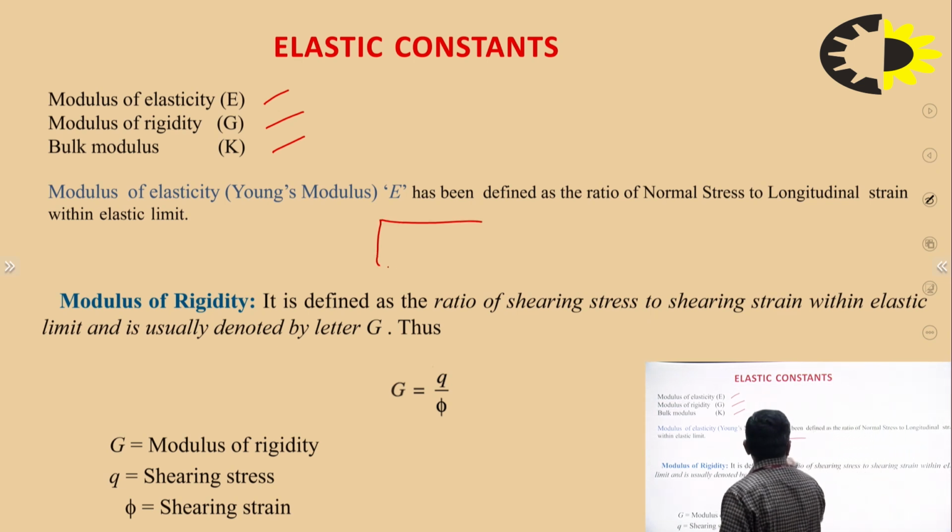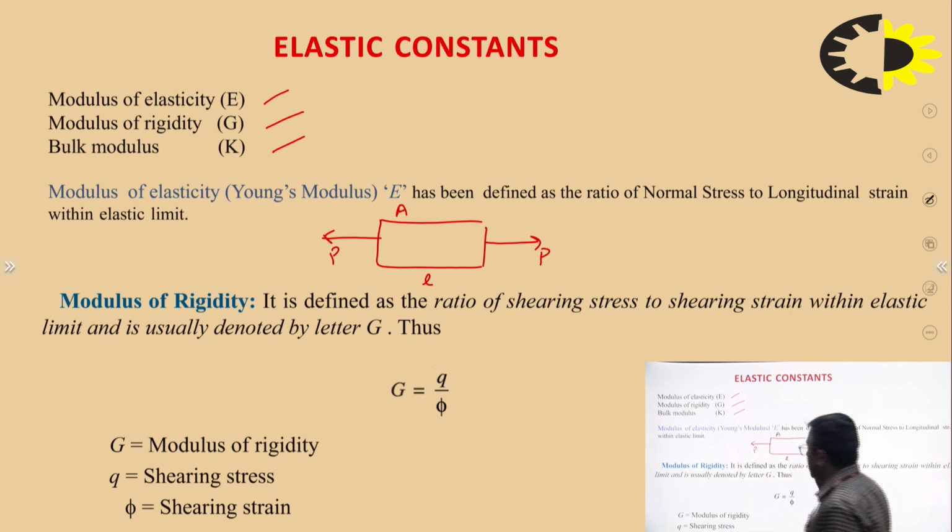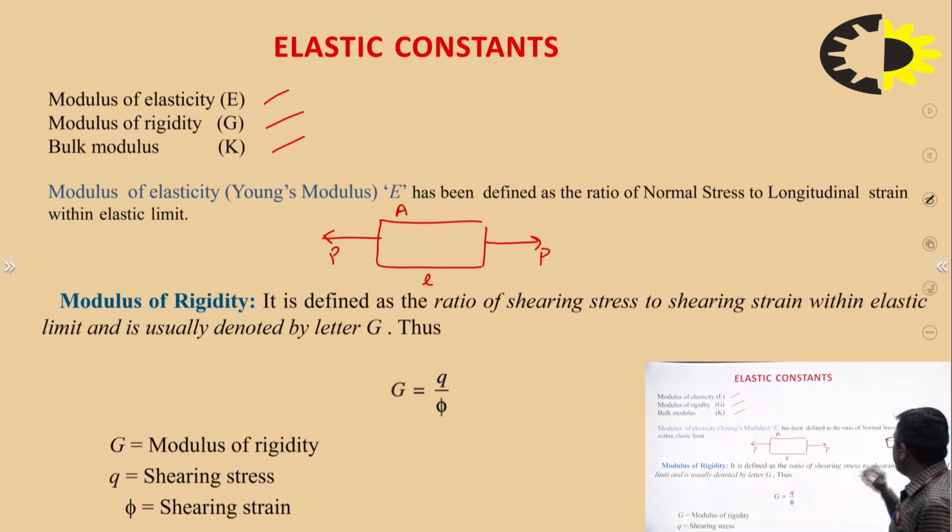Suppose this is a body, subjected to force P, its length is L, cross section is A. So what will be the nature of stress? Normal stress, because the resistive force will be perpendicular to the plane of application. So normally we denote it with sigma.